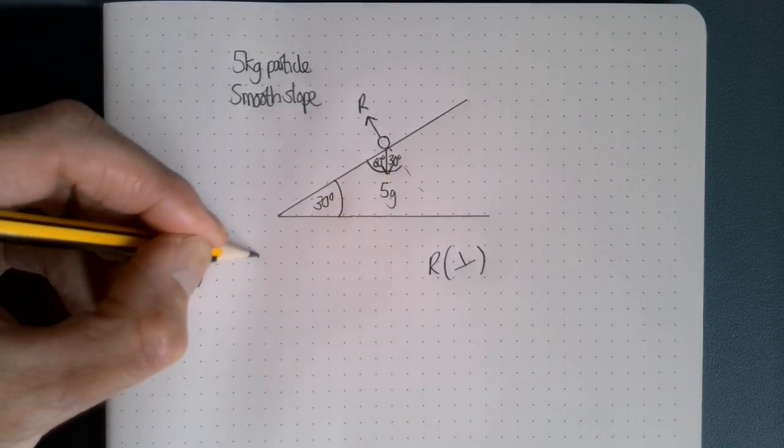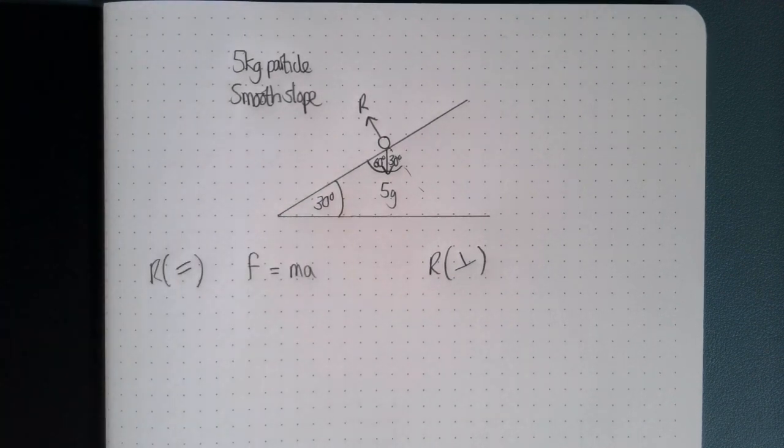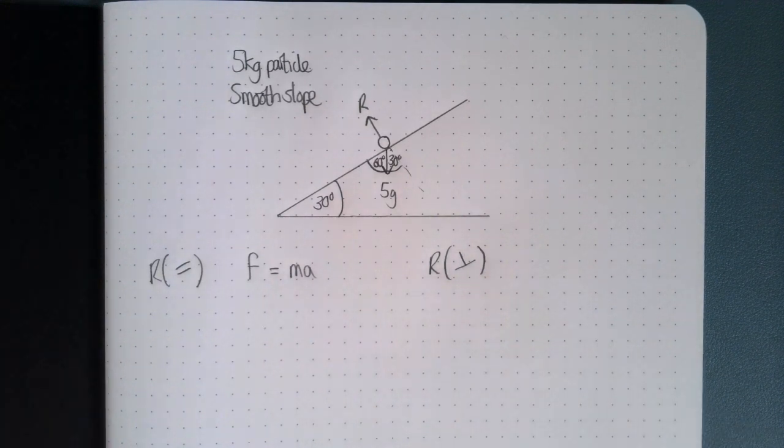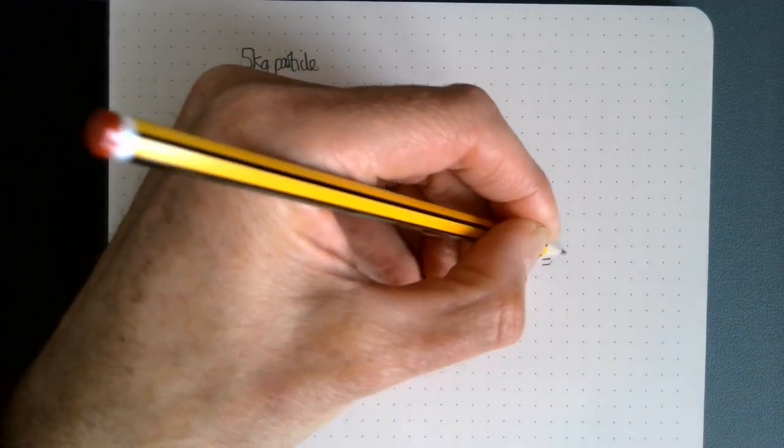So when we're dealing with that, we are going to be using forces equal to mass times acceleration. When we're dealing with perpendicular to the slope, it's not accelerating, it's not lifting off the slope, it's not disappearing into the slope. So here we've just got forces up equal forces down.